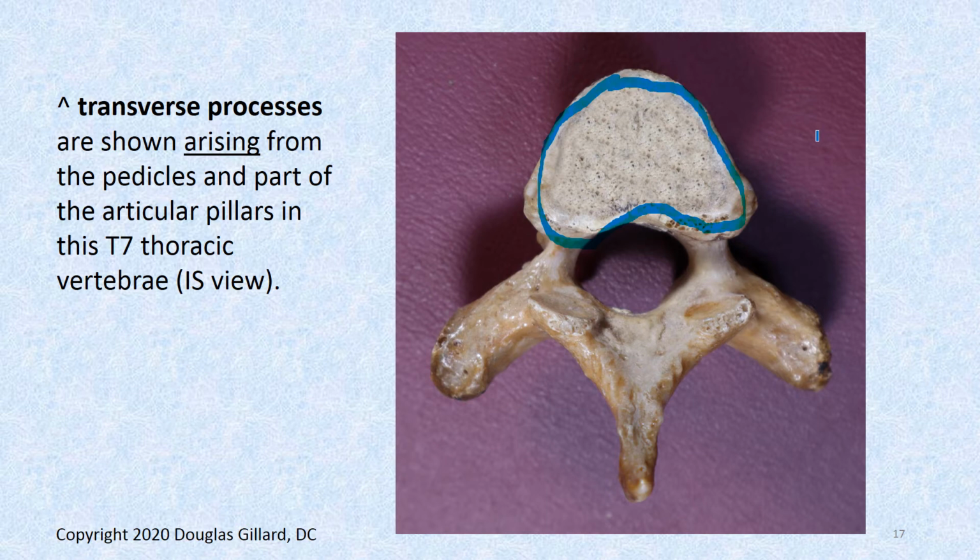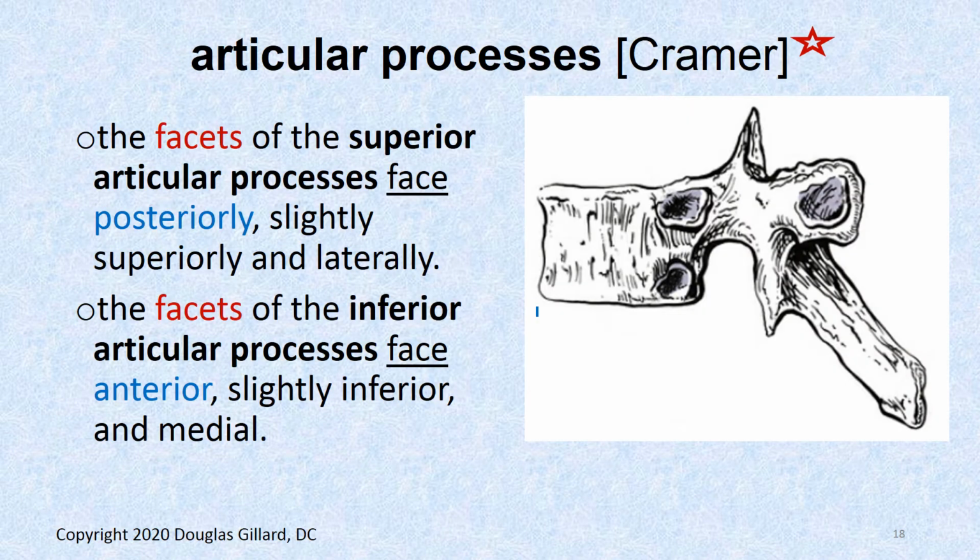The transverse processes come off after the pedicles, and they include the articular pillars. If I put that on the lab final, identify this bone, that would be fun, wouldn't it? To make sure you know that kind of stuff.